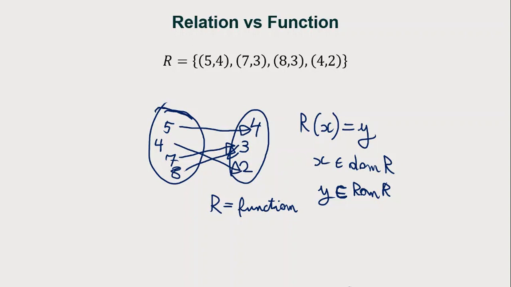So just to reiterate one last time, every function is a relation, but not every relation is a function. Similarly to what we had last week, every rational number is real, but not every real is rational. Okay, so keep coming back to those concepts.